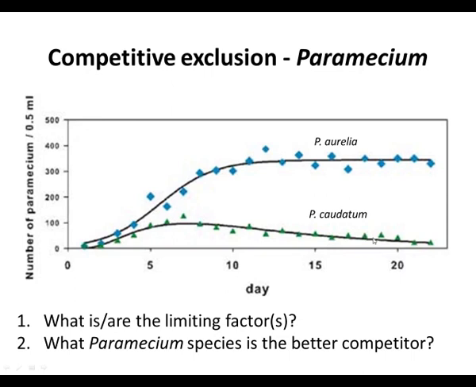And in this case, one Paramecium species acted as a superior competitor and the other one acted like an inferior competitor. So what Paramecium species is the better competitor? So have a look and think about all the dynamics and come up with the answers for these. What are the limiting resources? Number one, and which Paramecium is the superior competitor?